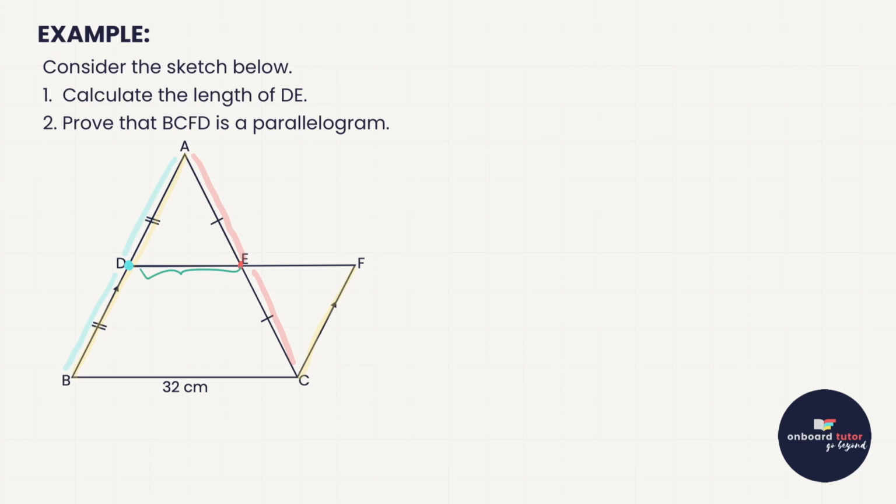We are given the following information. Let's write it down for them. AD is equal to BD. That was given to us. Then AE is equal to EC. That was also given to us. And so therefore we can conclude two things.